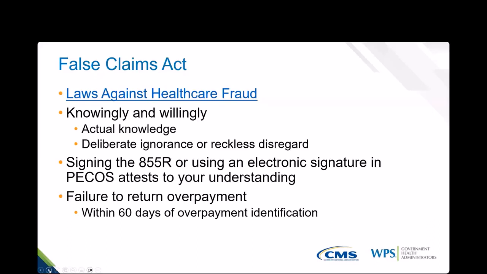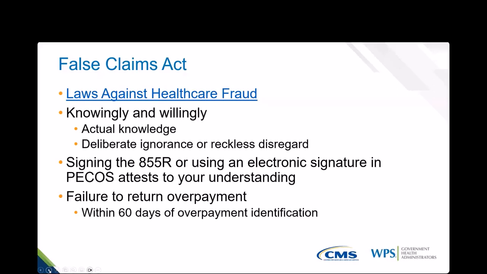Under the False Claims Act, there's another provision that goes into failure to return an overpayment. So if you identify an overpayment within your offices, you need to be refunding that back to us within 60 days of the overpayment identification. On the previous slide, we suggested that you perform a self-audit.